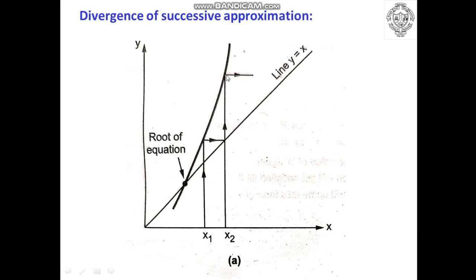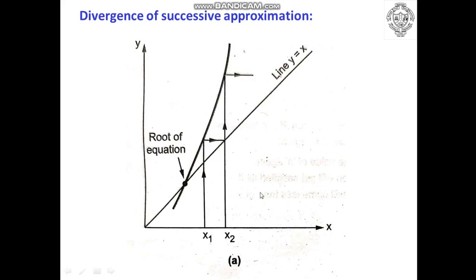I repeat the same procedure such that I will draw a straight line inclined at 90 degrees at point y2, so that it will intersect somewhere here. If you observe the convergence of this method, this particular path, that is from x1 to y1, y1 to x2, x2 to y2, and so on, you are moving away from this root, because you are moving towards this particular point, I mean in this particular way.